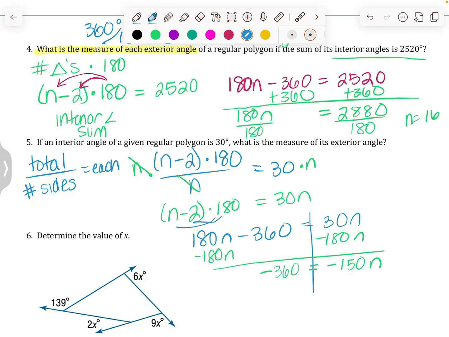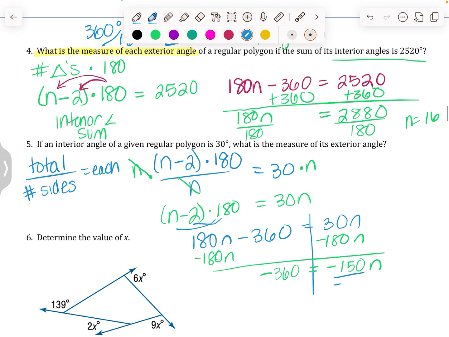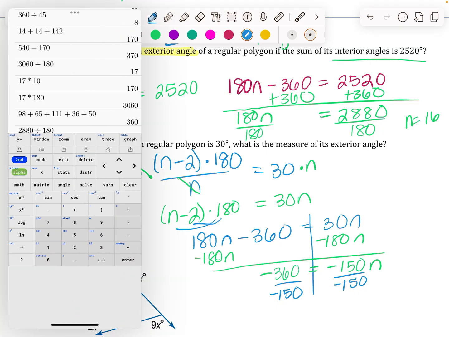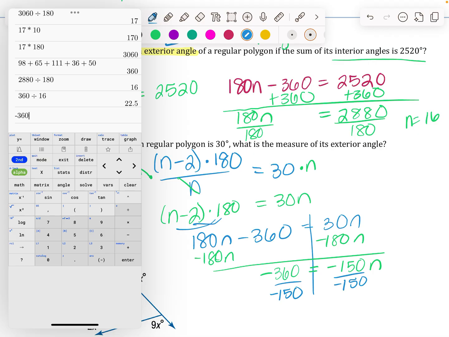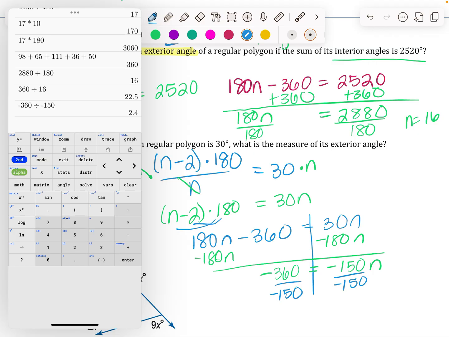And then we can divide by negative 150. I'm not sure if this works out evenly again. Let's check in my calculator. Negative 360 divided by negative 150 is going to be 2.4.